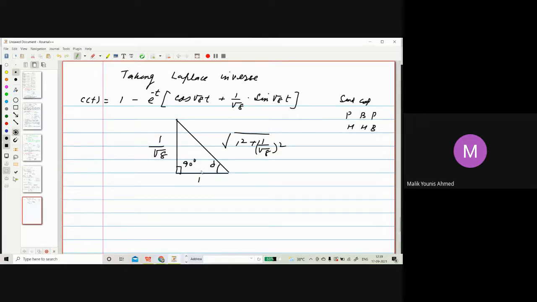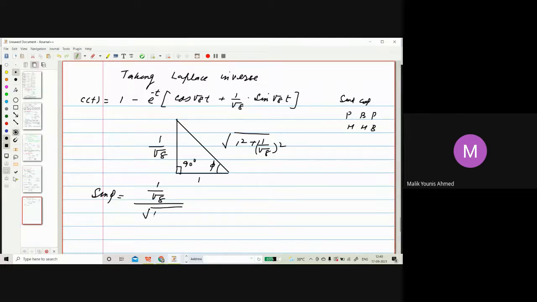phi. Let us say phi. So what I am going to do, I am going to write sine of phi will be equal to what? It's very clear. Sine of phi will be perpendicular by hypotenuse. Perpendicular is 1 by under root 8. Hypotenuse is what?